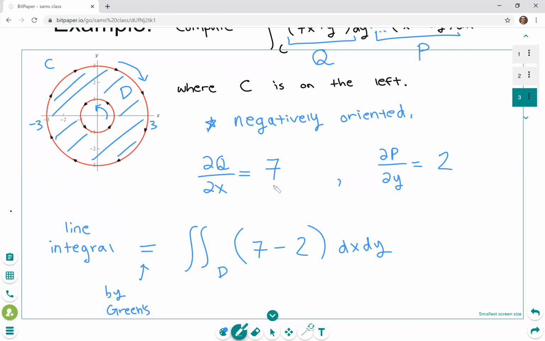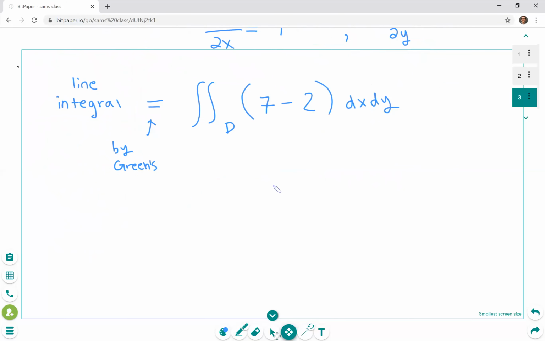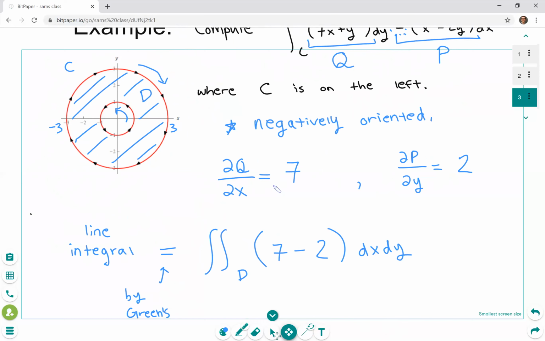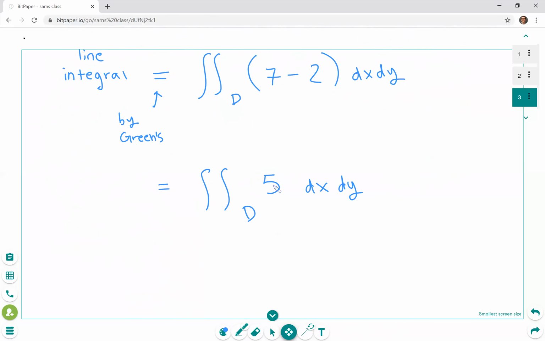Okay, so we're just integrating the function 5 over D. So there are a couple ways you could do this, right? Since you're just computing the double integral of a constant 5, you can just take 5 and multiply by the area of D. Okay, so maybe you geometrically compute the area of D here just using the area of circles, and then you multiply that by 5, and that's your integral.